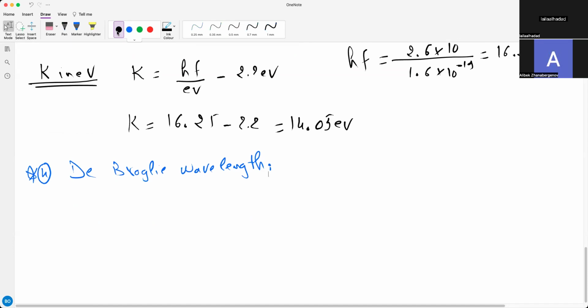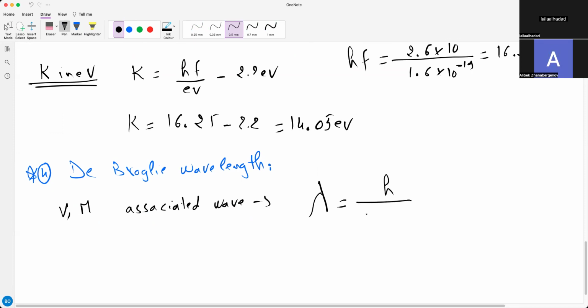Any particle that is moving with velocity v, that has a mass m, will have an associated wave whose wavelength is equal to the Planck's constant divided by the mass times the velocity of that particle.